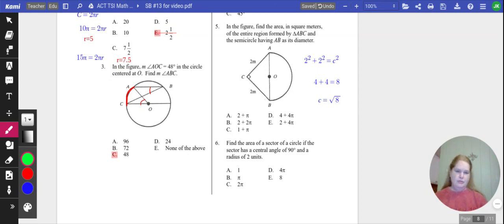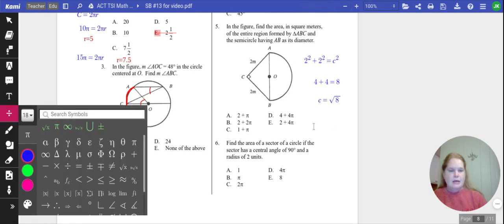Now, I want to half that. Why do I want to half that? Because I have a circle over there. Well, half a circle. And I'm going to need pi r squared. In other words, I need a radius. So, the square root of 8 divided by 2. And I'm going to rewrite square root of 8 as 2 times the square root of 2, because that's what it breaks down into.